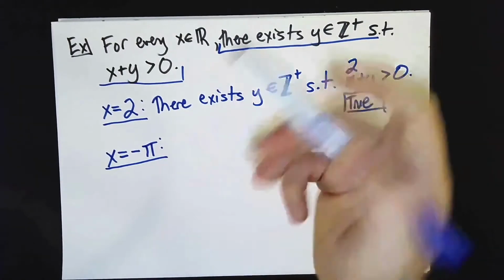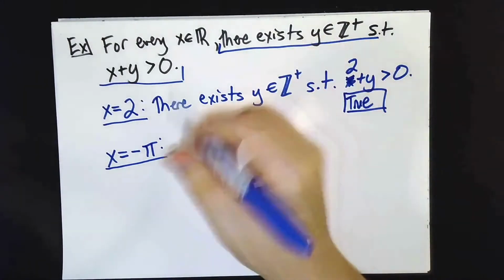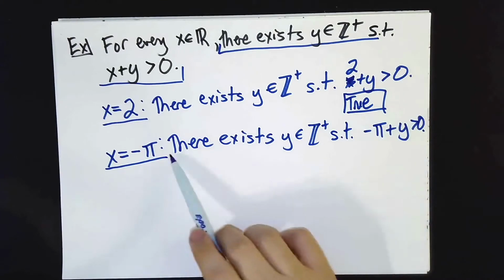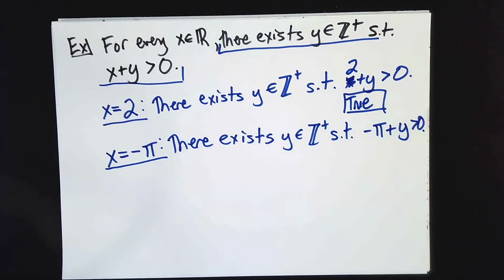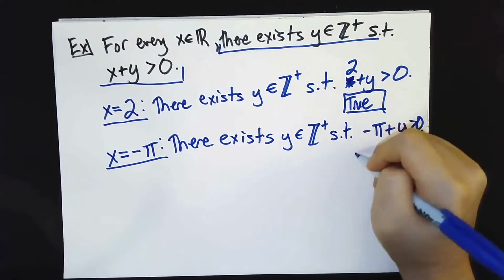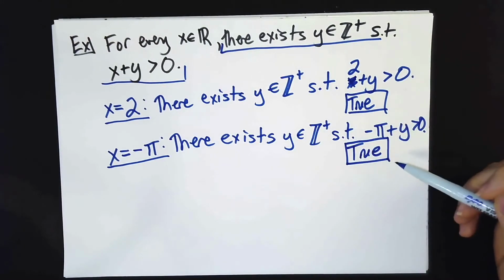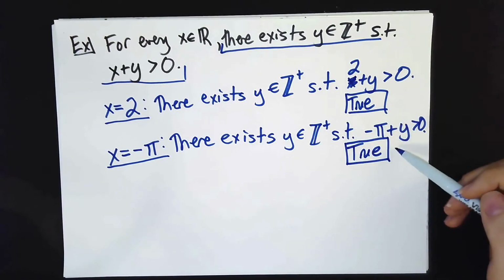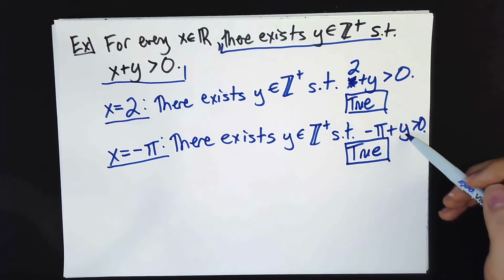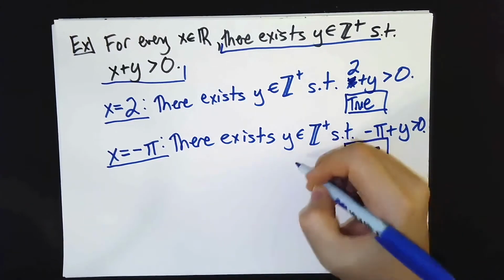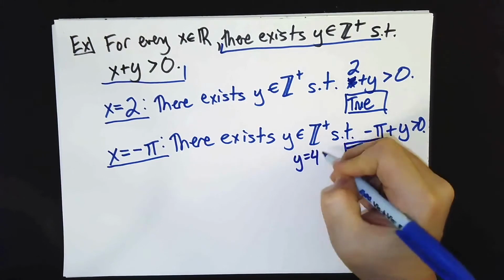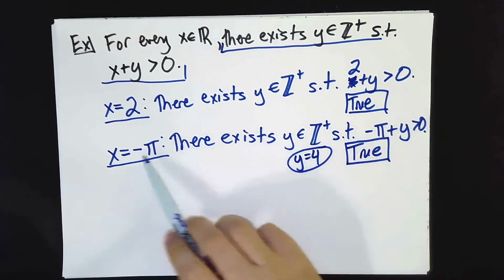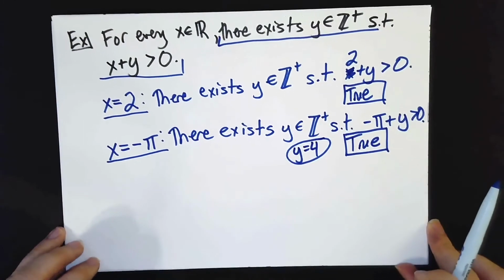So what if x was, say, minus pi? That's a real number. Is this statement true? Well, yes, this statement is true. How do I show you this statement is true? Well, one of the easiest ways to show you this statement is true is to just give you an example. So, for example, y equals 4 is an example of a statement that makes this true.